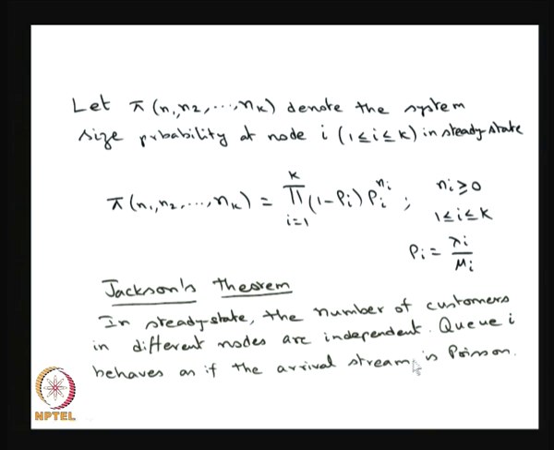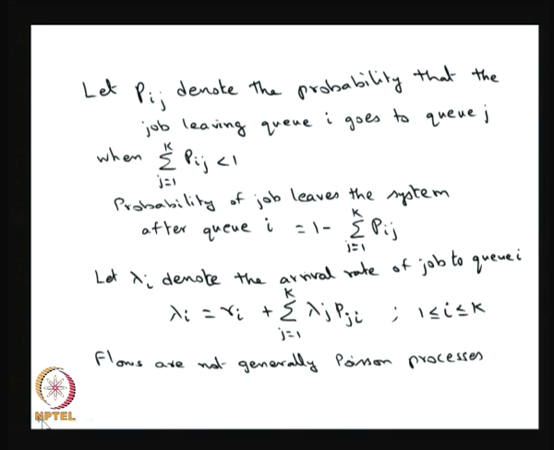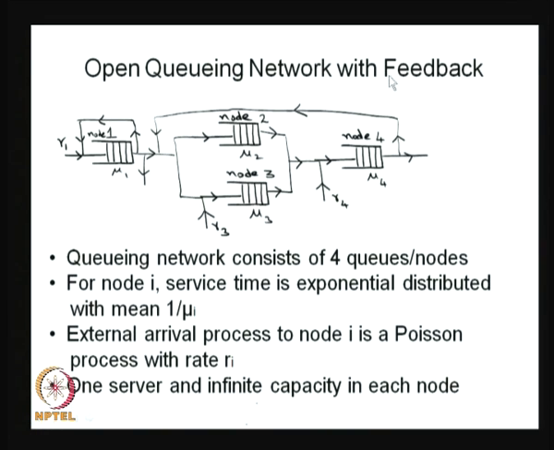Therefore, the arrival follows the Poisson, service is exponential, only one server, infinite capacity. That means, even though it is an open queuing network with feedback, each node behaves as if an M/M/1 queue in steady state. That is important.